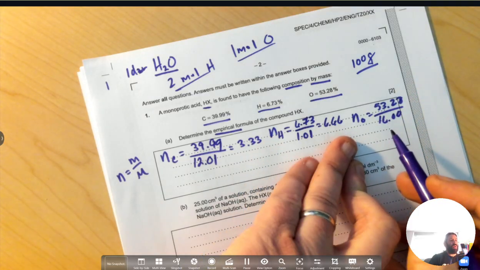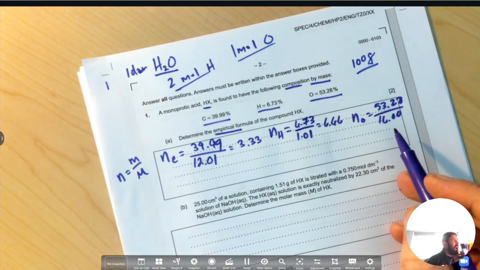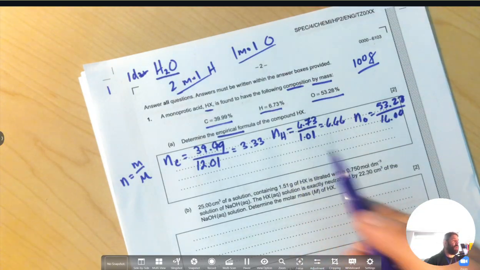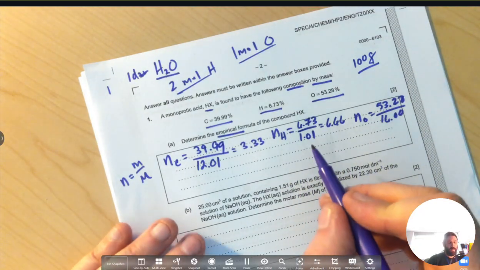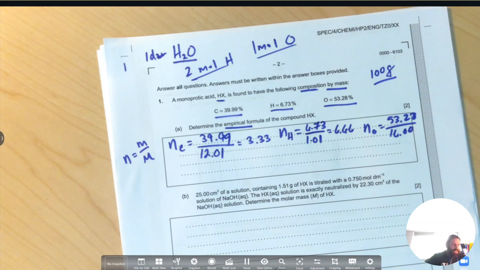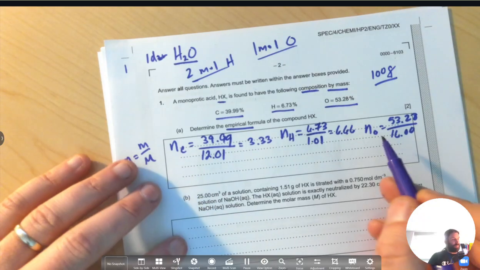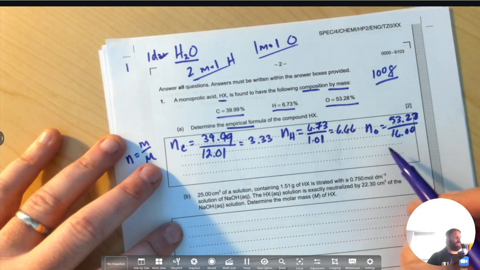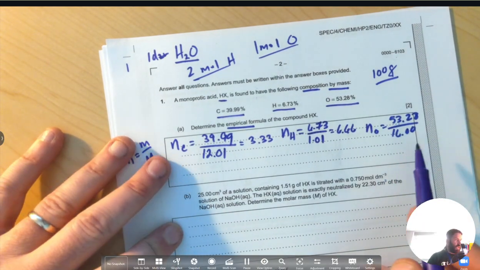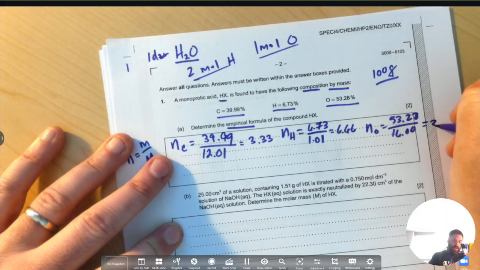Remember, this whole diatomic element thing, oxygen and hydrogen are both among those elements, but that rule only applies when they're in their elemental form. So a lot of kids, what they'll do is they'll divide by 32. All right, so anyways, when you do that, you get 3.33.